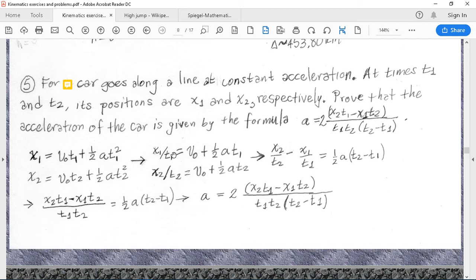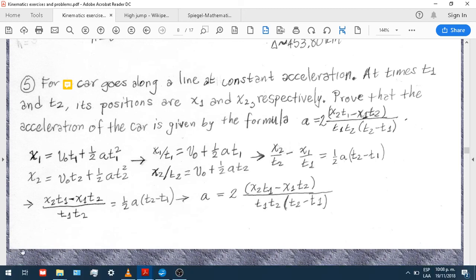Dividing by t1 for x1 and by t2 for x2, we have that x1 over t1 equals v0 plus 1/2 of a t1, and x2 over t2 equals v0 plus 1/2 of a t2. Subtracting these two values, these v0's cancel out, and we have x2 over t2 minus x1 over t1 equals 1/2 of a times (t2 minus t1).